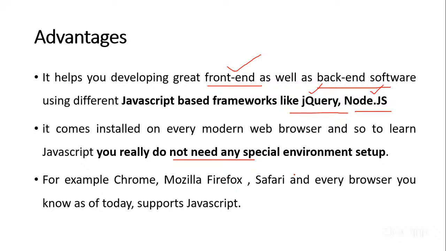Web browsers like Google Chrome, Mozilla Firefox, Safari, Netscape Navigator, and so on all support JavaScript. So if you have any one of these browsers, you can execute JavaScript code.